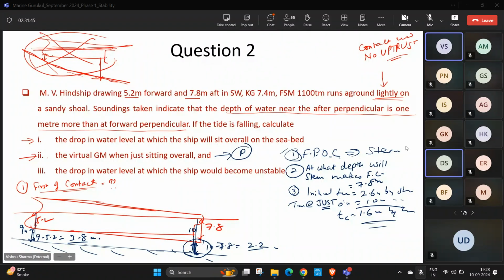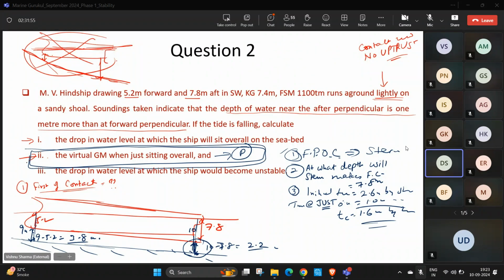So I can get the P when she just sits overall. And once I get P, can I get the answer to part 2 of the question? Yes or no? Tell me. Yes, sir. Can I score 10 marks from here out of 30? Am I good enough to get 10 marks in part 2?